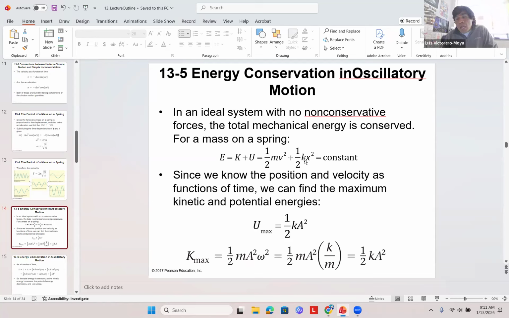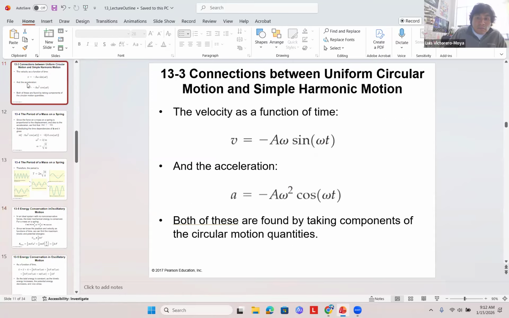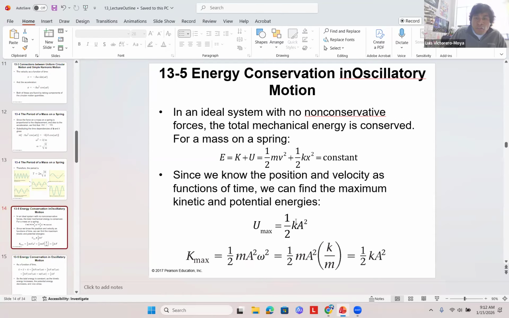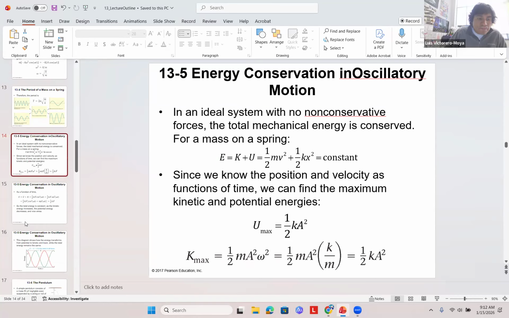When you integrate that, you get a nice equation for the work done by the restoring force, which is 1/2 kx squared. So if you use the equations for v and x that we had here, you get this equation for the total energy of the system, 1/2 kA squared.